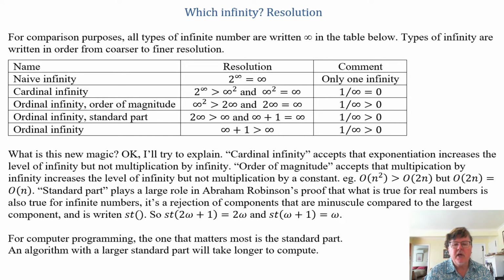So the standard part of 2 omega plus 1, of 2 infinity plus 1, equals 2 omega, whereas the order of magnitude of 2 omega plus 1 is equal to omega. So that's the difference. The standard part of omega plus 1 equals omega.